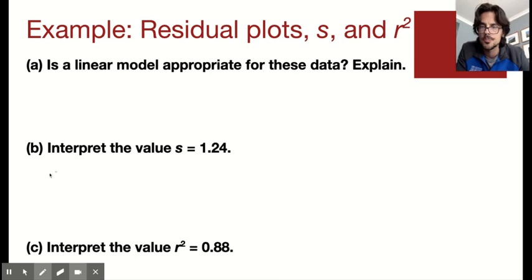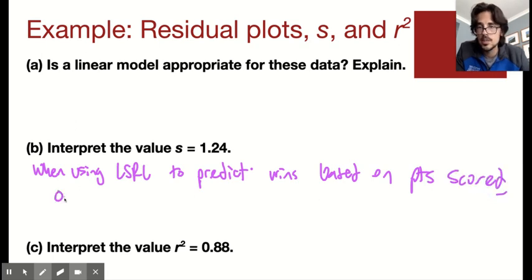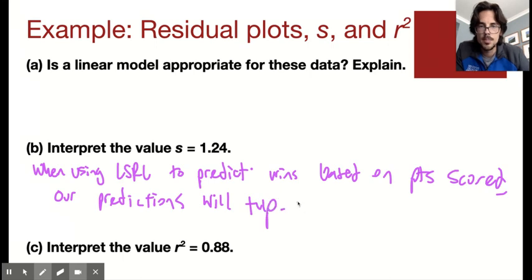So when using our LSRL to predict wins based on points scored, our predictions will typically be off by about 1.24 wins.